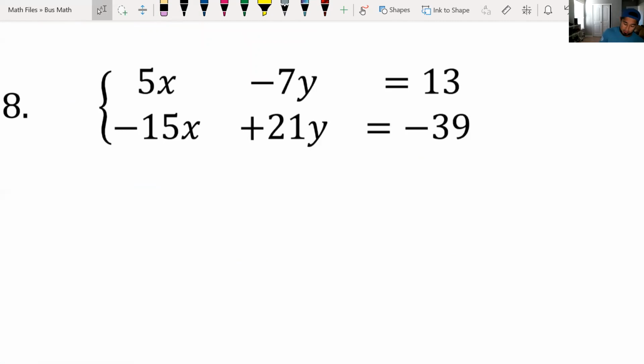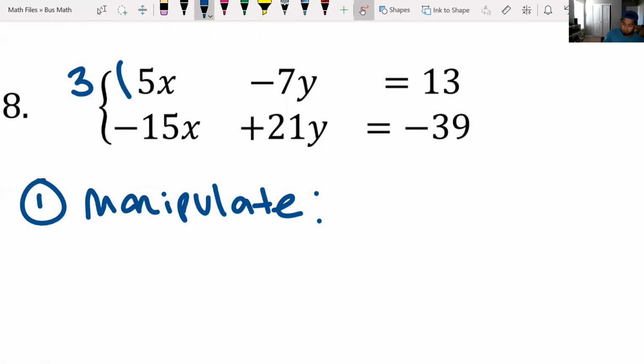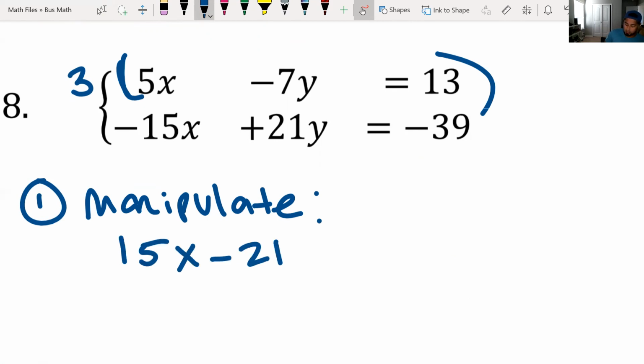So we are going to multiply just the top equation by 3. And I'm just going to distribute this 3 to this whole equation over here, and you'll get 15x minus 21y equal to 39.